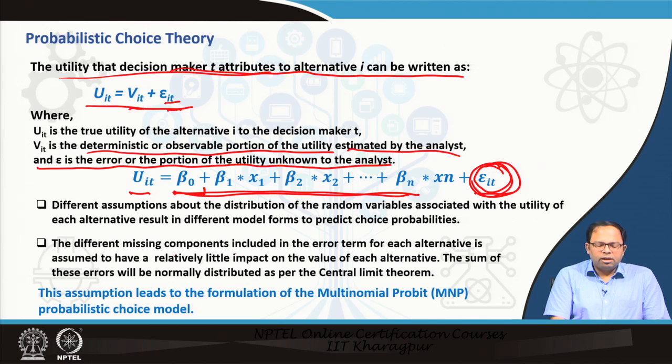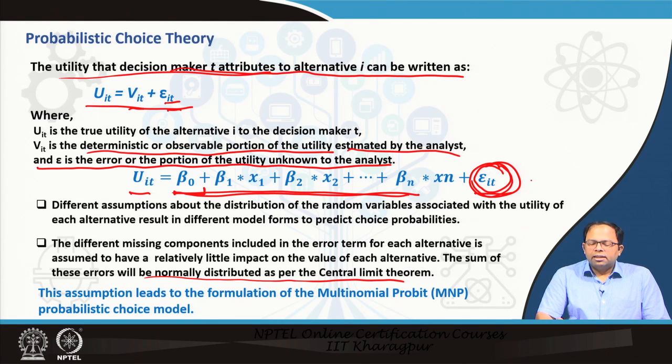The different missing components included in the error term for each alternative are assumed to have a relatively little impact on the value of each alternative, and then the sum of these errors will be normally distributed as per the central limit theorem.